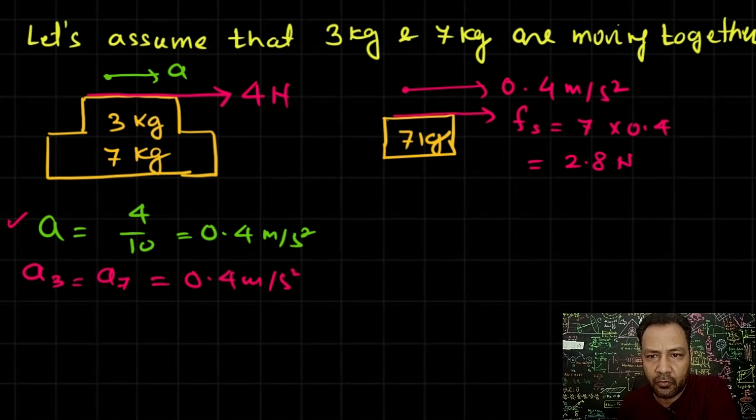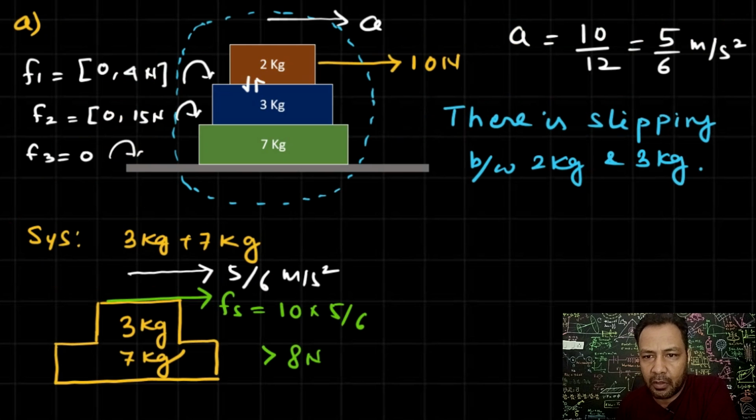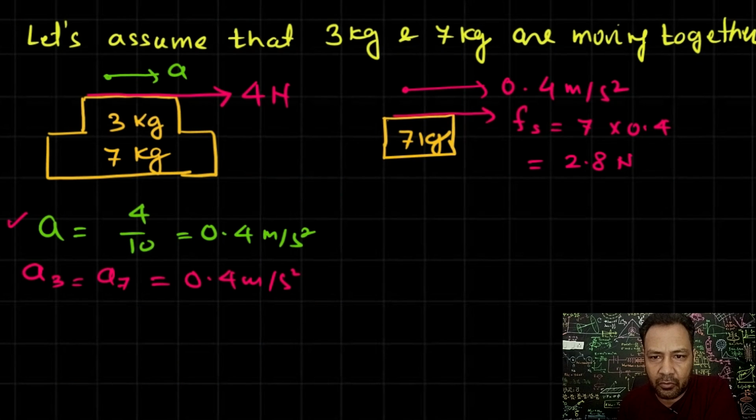Now we had to find the acceleration of the 2 kg block also, and it was decided that there is slipping between 2 kg and 3 kg, so there will be kinetic friction. Let me draw the FBD of 2 kg also. So this is the FBD of 2 kg block.